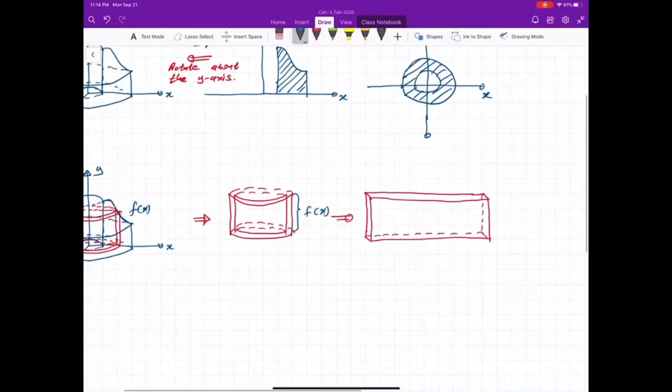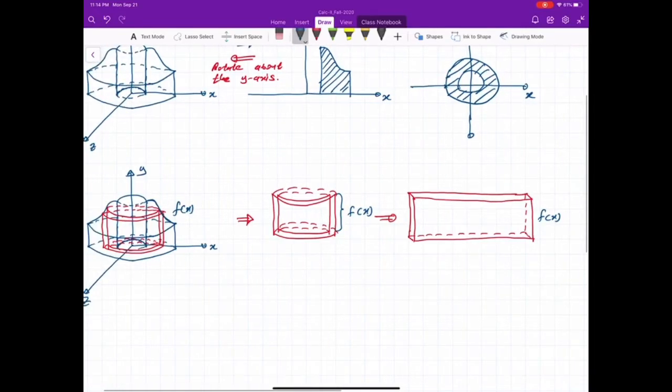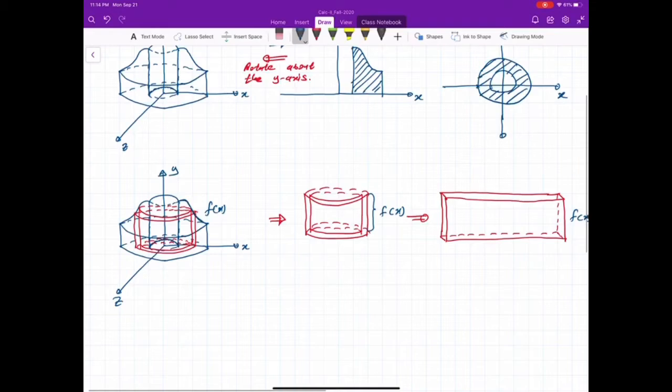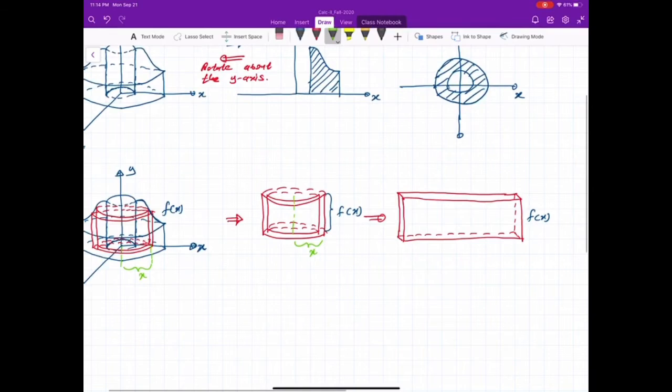And then consider this displacement, this is the x-axis, and let's consider that displacement is x. If that is x, this is also x. Since that is x, this length is actually the circumference, right? That length is actually the circumference of this cylinder.